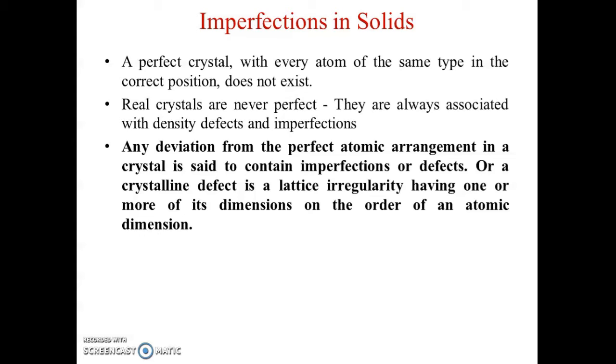It is a lattice irregularity that can be of any dimensionality like one-dimensional, two-dimensional or three-dimensional defects. So in a nutshell we can say the crystal defect or imperfection is a lattice irregularity or a deviation from the perfect atomic arrangement.